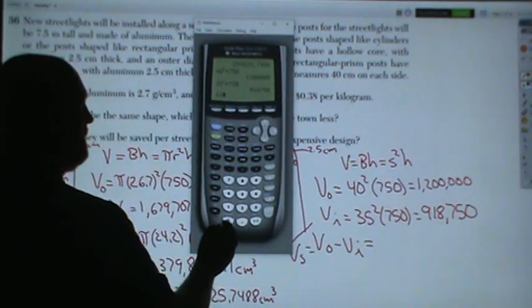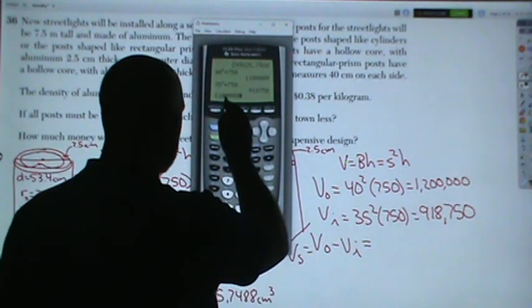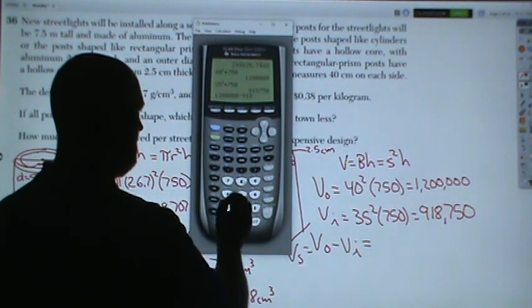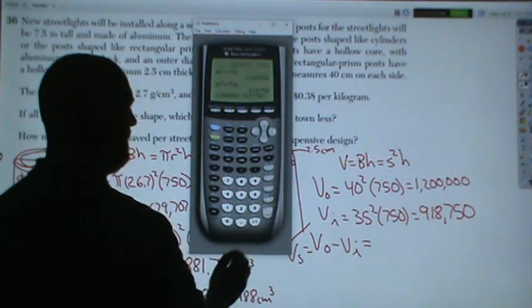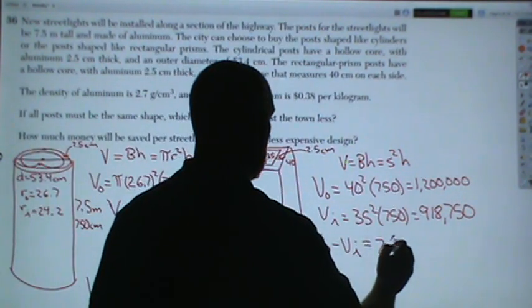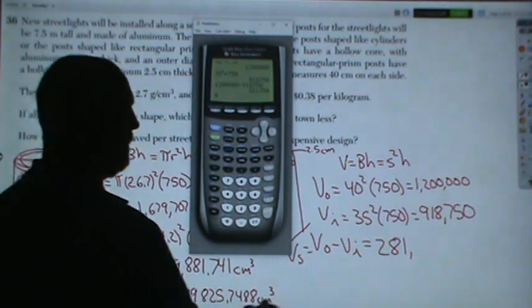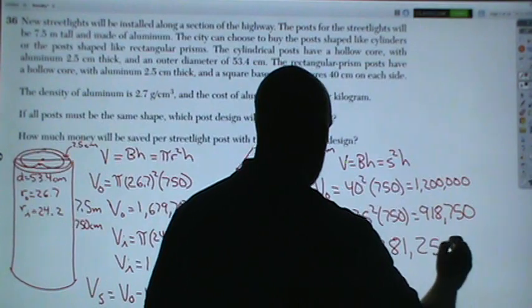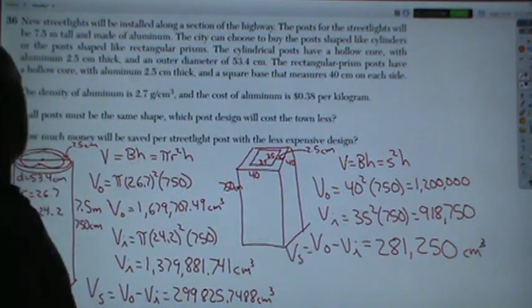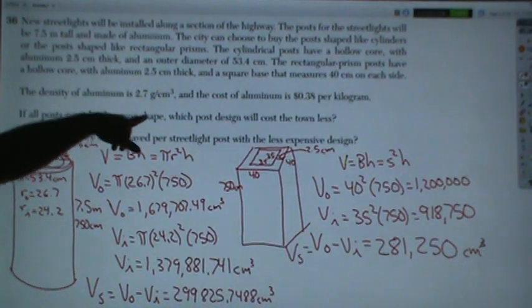So 1,200,000 minus 918,750 is 281,250 cubic centimeters.